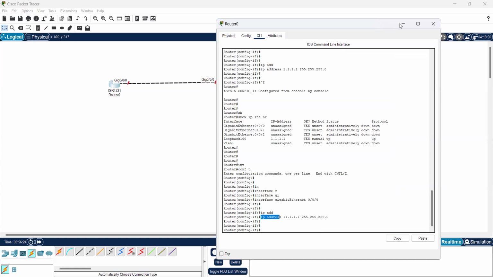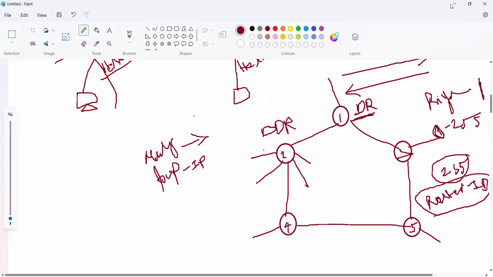This router has multiple interfaces, say 1, 2, 3, 4, 5, and whichever has the highest IP address will become the router ID. So there are 3 ways: manually configured, loopback interface, and highest physical IP address.